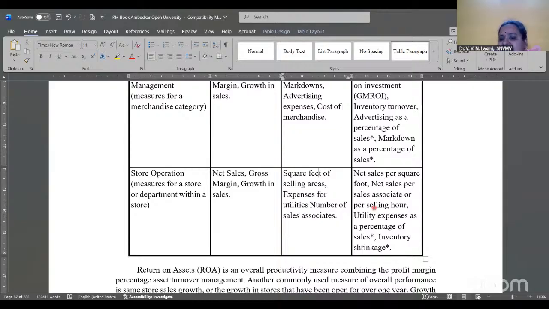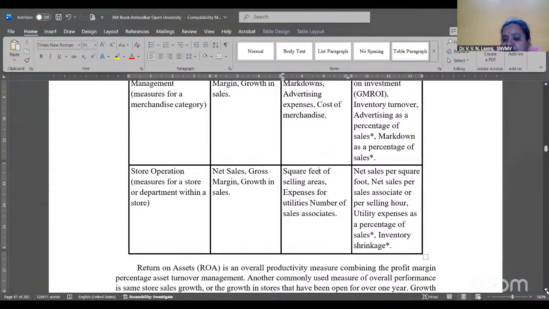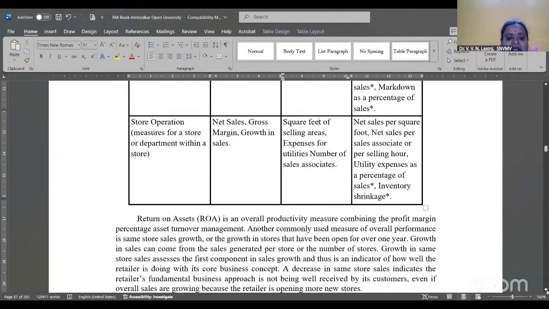So that is net sales per square foot. Then we have net sales per sales associate, or net sales per selling hour. Then utility expenses as a percentage of sales, or inventory shrinkage, that is the inventory lost. These can also be considered to understand the performance of that particular store.